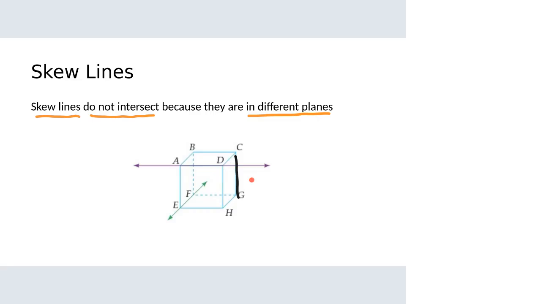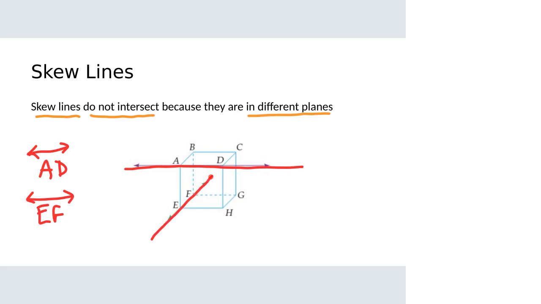A little bit different from that is if we look at line AD and line EF. We can see AD is up here at the top of the box and goes on forever. EF is down here in this bottom left corner of the box.